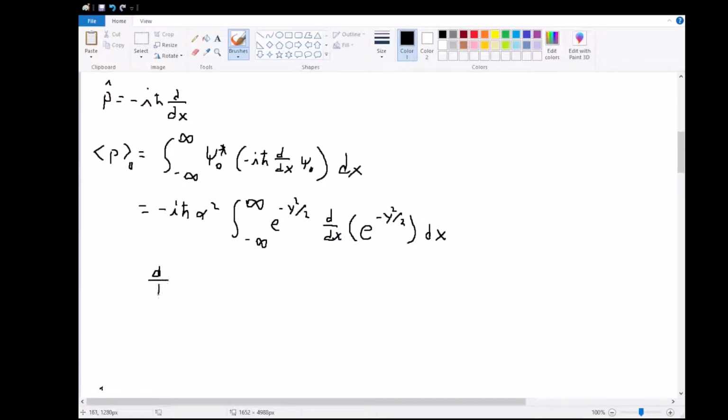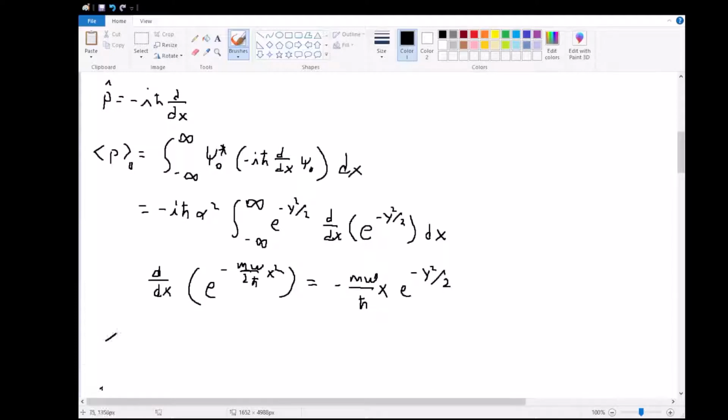So d by dx of e to the power of -m omega over 2 h bar times x squared. The derivative of this is going to be equal to -m omega over h bar times x times the same exponential, which I'm going to rewrite back as -y squared over 2.